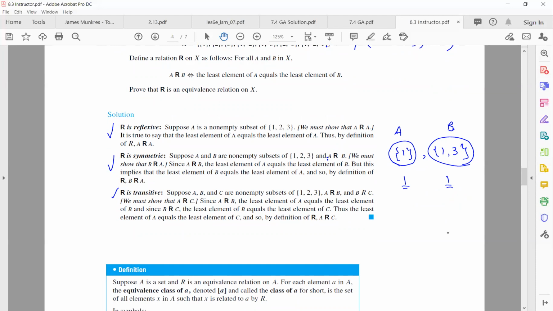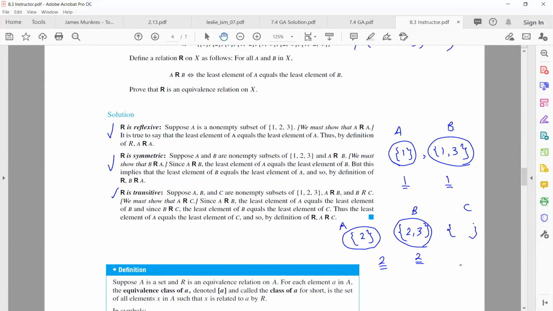Let's think about it this way. Take set {2}, take set {2, 3}, take set {1, 2}. This is your A, this is your B, this is your C. The least element of set A is 2, which is the same as the least element of set B. The least element of set B, which is 2, is the same as the least element of C. Okay, let me change this one because the least element of this set is not 2.